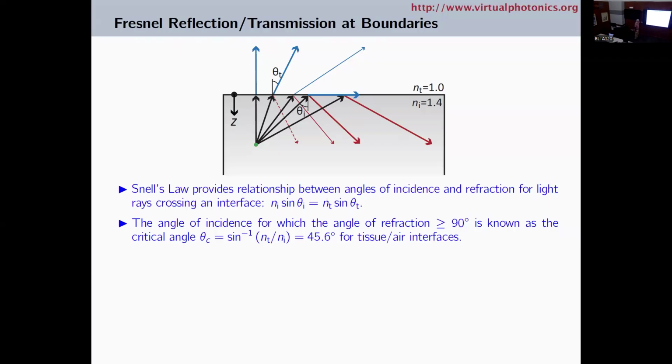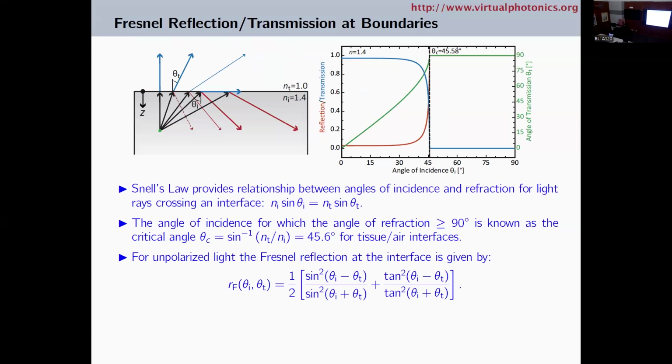And so that creates challenges, both in Monte Carlo as well as in the diffusion approximation. This gives you a diagram for how the reflection and transmission varies as a function of the angle of incidence.